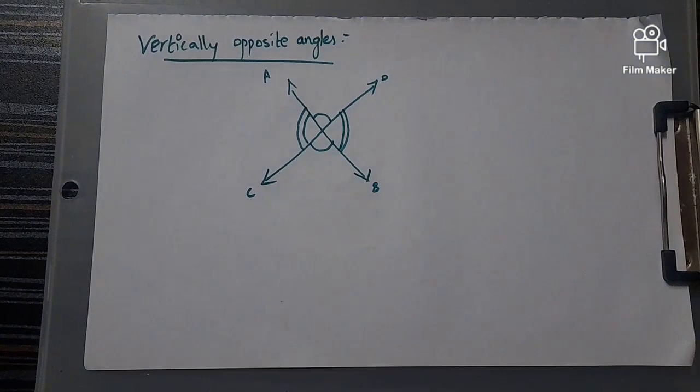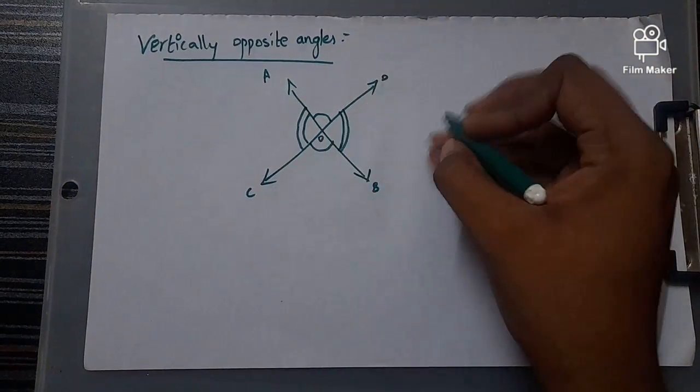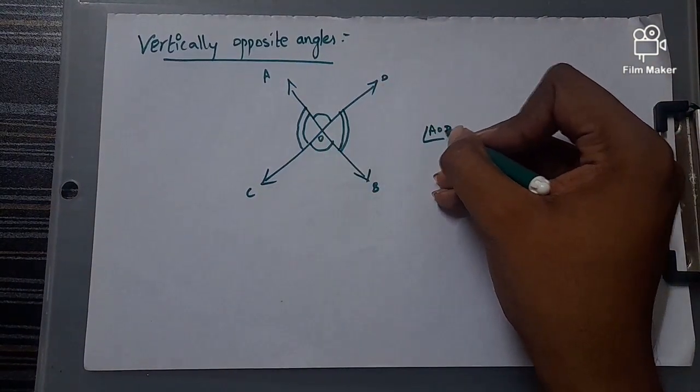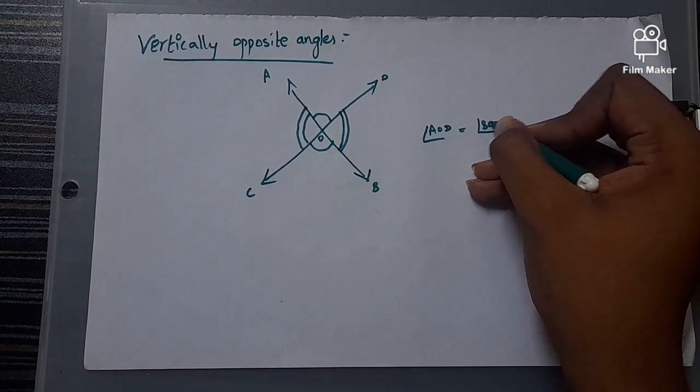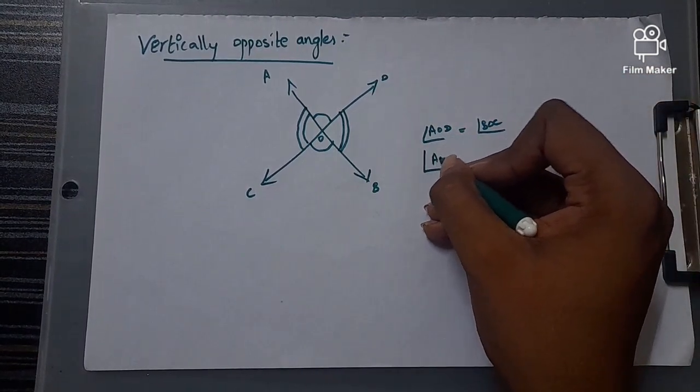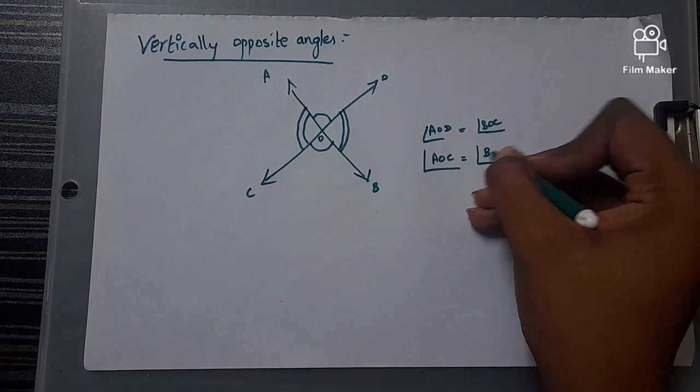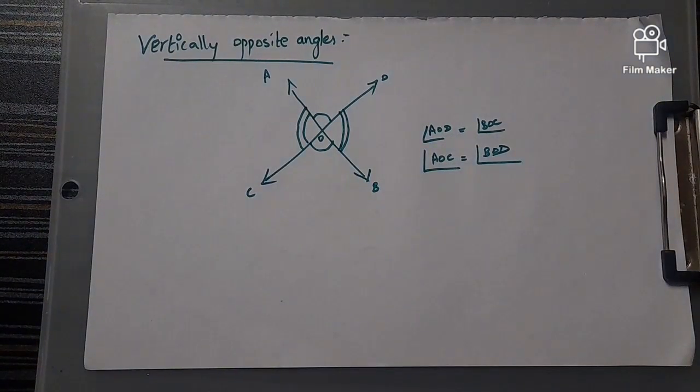It is all about angle AOD being equal to angle BOC, and similarly angle AOC equal to angle BOD. So when two lines AB and CD intersect, with center O, angle AOD and angle BOC are equal. Similarly, angle AOC and angle BOD are equal, by the term vertically opposite angles.